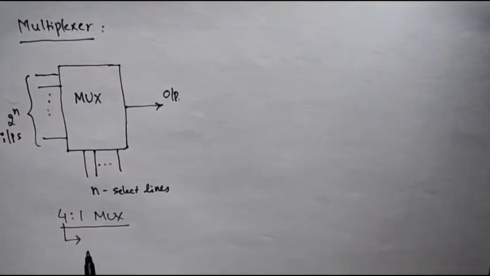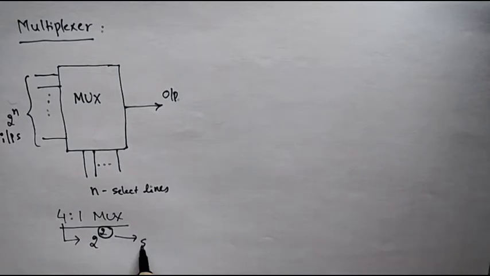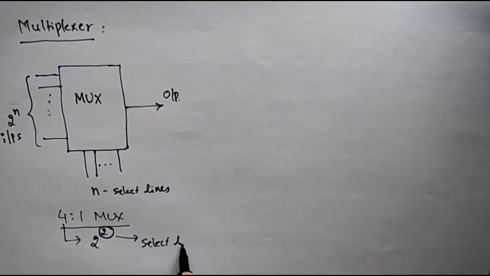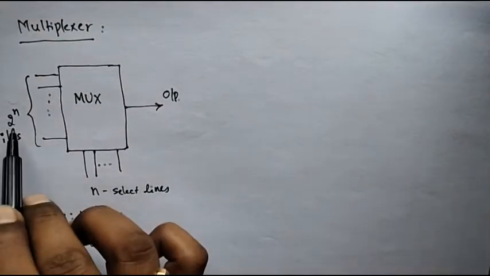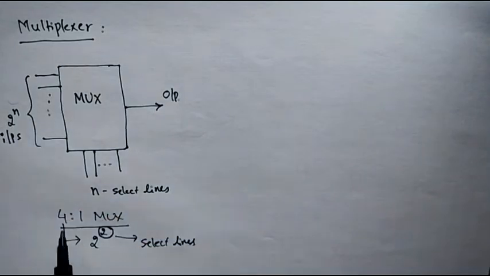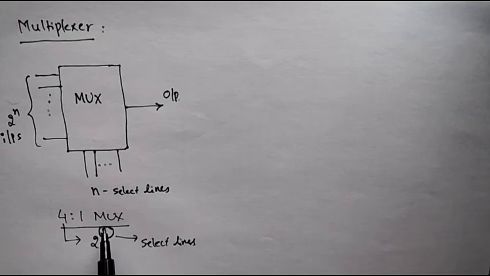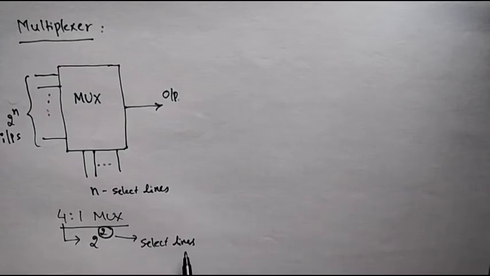This 4 can be represented as 2 raised to 2, where this 2 indicates select lines. N select lines and 2 raised to n input lines. In 4:1 mux, I can represent 4 as 2 raised to 2. Here this 2 represents select lines.